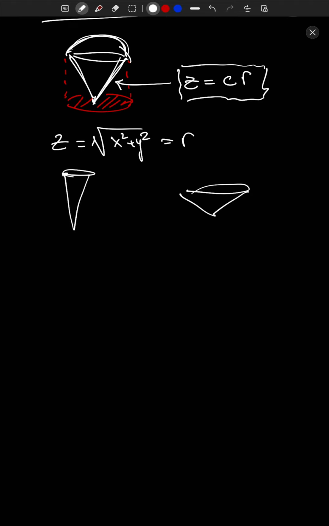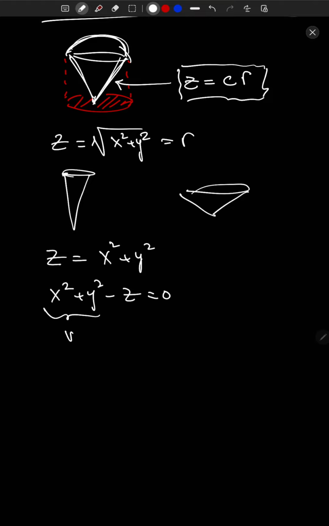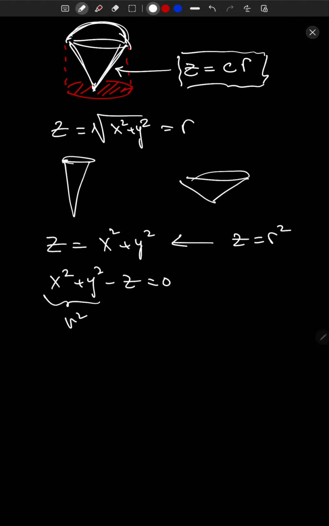All right, other situations, paraboloids, right? So if you see something like z equals x squared plus y squared, or perhaps in the form x squared plus y squared minus z equals 0, same idea, right? That guy here is your r squared, right? And so the paraboloid can be described just as z equals r squared. Nice and simple. Okay.